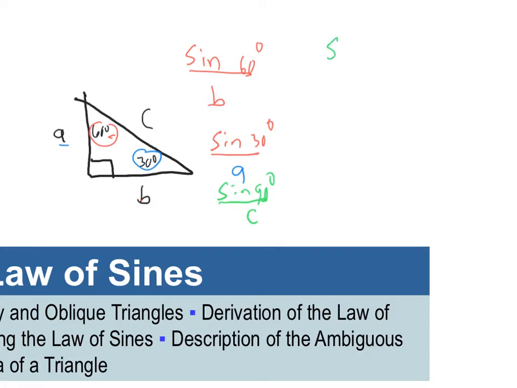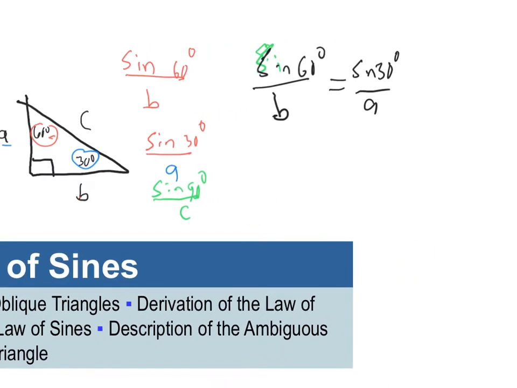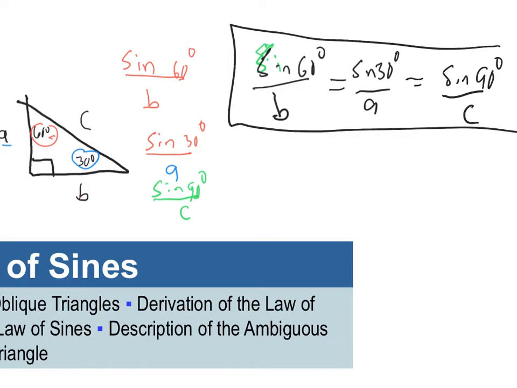So sine of 60 over B is equal to sine of 30 degrees over A, which is equal to sine of 90 degrees over C. That's the law of sines.